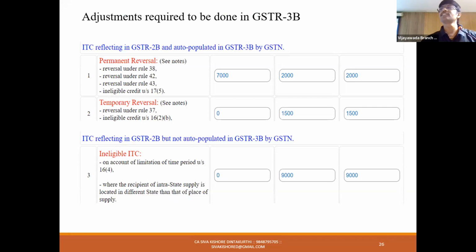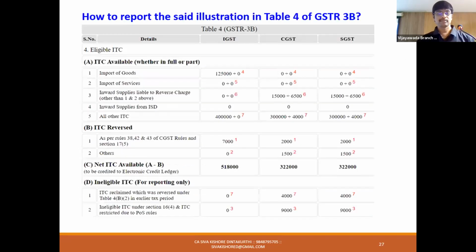And there is an ineligible ITC which automatically travels from 2B to which table? Table number 4D2, the ineligibility of ITC due to change in POS rules or due to time barred credit.